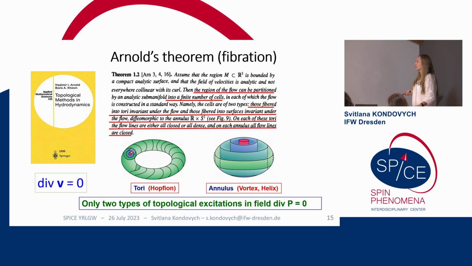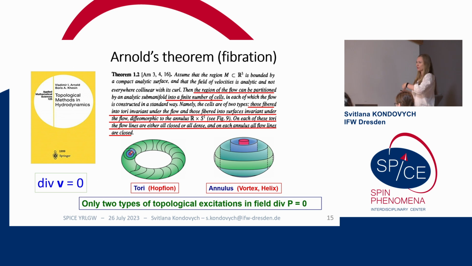In fact, this theorem claims that for a vector field whose divergence is 0, the vector field lines, the streamlines, can be organized in two ways. They either swirl around cylindrical surfaces, which results in the appearance of vortices or helices, or they swirl around nested tori.